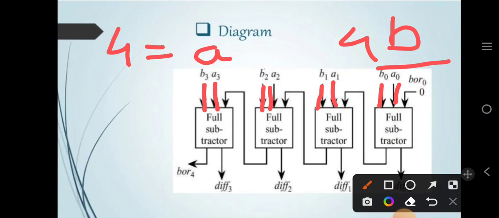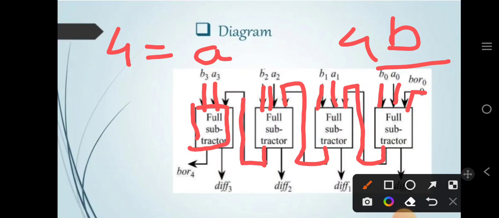These 8 inputs are given to the full subtractor, and the next is borrow B0. The output of this subtractor is given to the second full subtractor. This output is given to the next full subtractor, and this output is given to the next full subtractor, and the final borrow is taken as borrow 4.